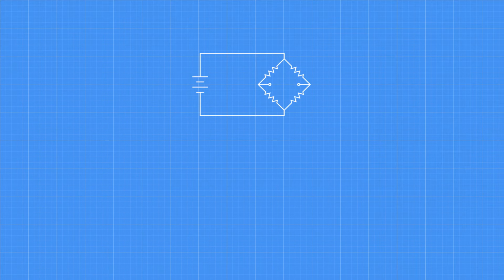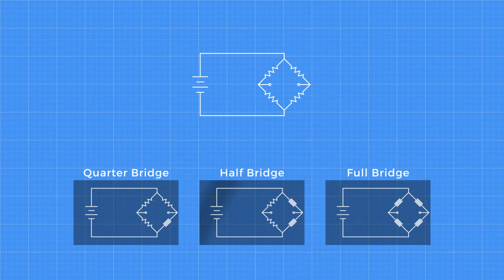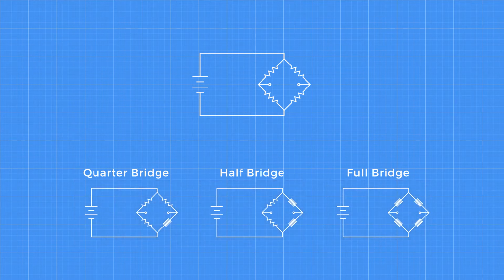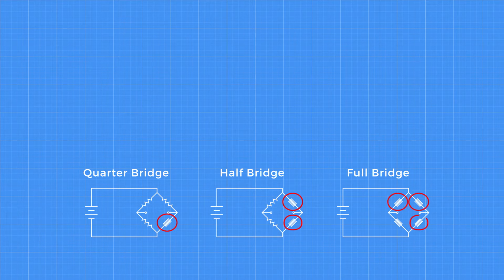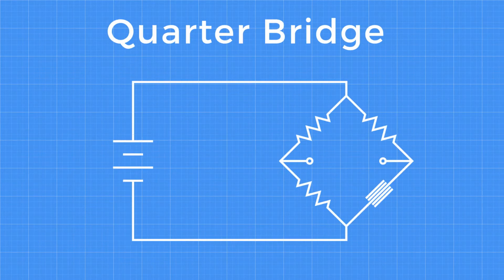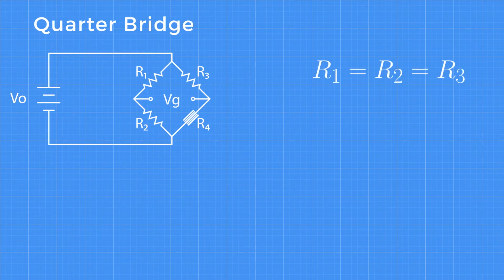Wheatstone bridges employ strain gauges in one of three configurations: quarter bridge, half bridge, and full bridge. A quarter bridge contains one strain gauge, a half contains two, and a full bridge contains four strain gauges. For an ideal quarter bridge, R1, R2, and R3 are equivalent resistors. R4 is a strain gauge which has a resistance equivalent to the other resistors, R1 through R3, when no load is applied.